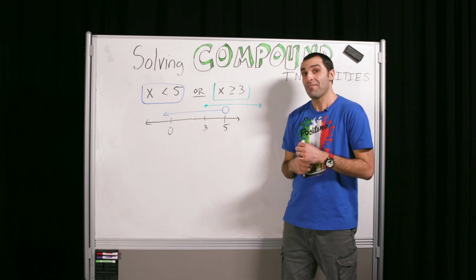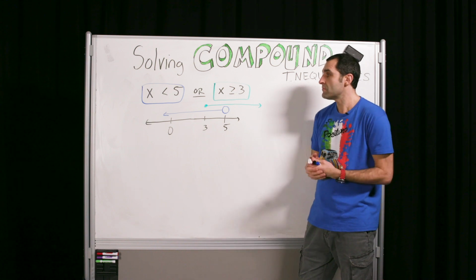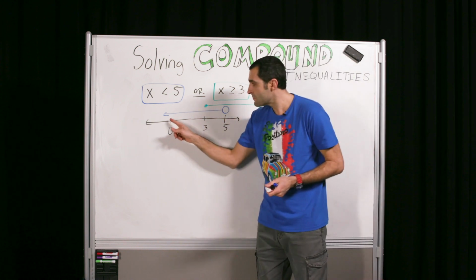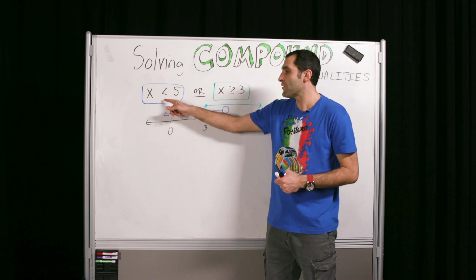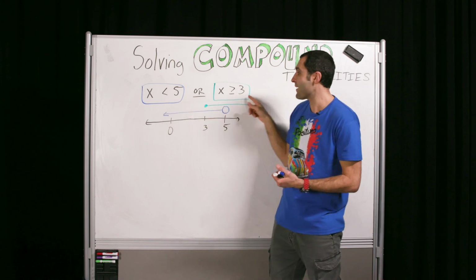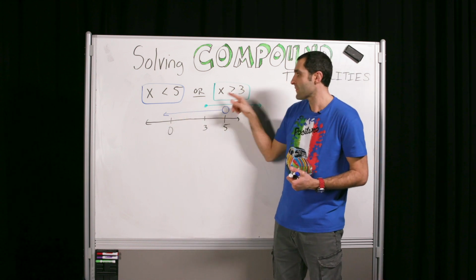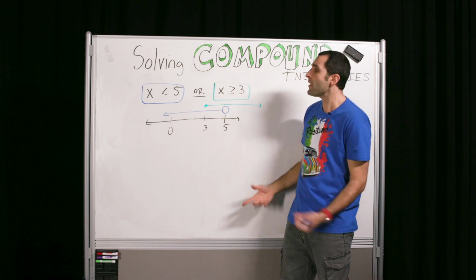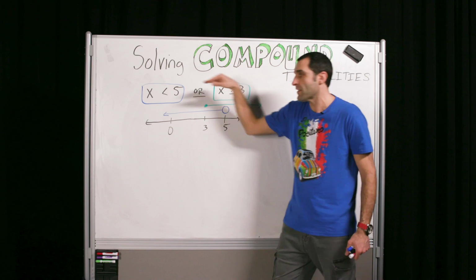I could think of a lot of numbers that are blue or green or both, like 0. 0 is blue. 0 is covered by the blue line, so 0 is blue. That means 0 makes blue happy. Is 0 less than 5? Yes. So it doesn't matter that 0 doesn't make this happy. 0 is not green. 0 is not greater than or equal to 3. But 0 works. 0 is a solution to this compound inequality.